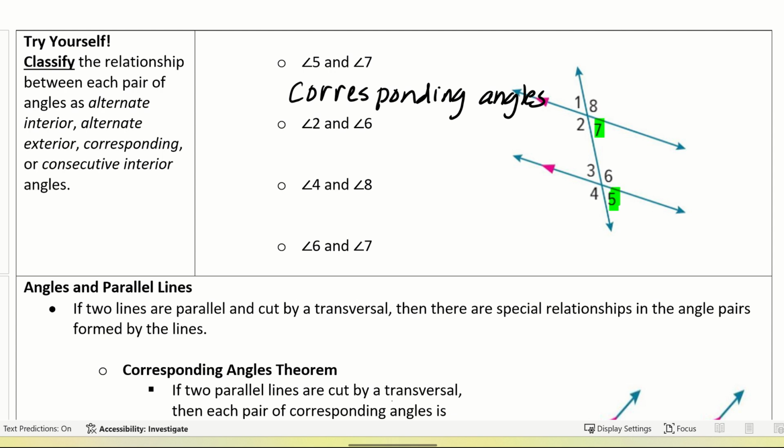2 and 6. Those appear to be alternate interior angles. They're on the inside.